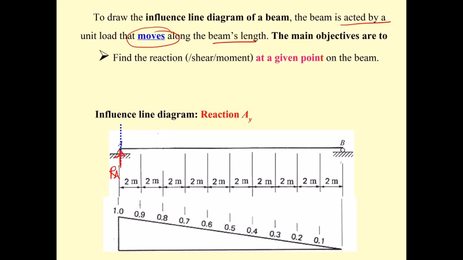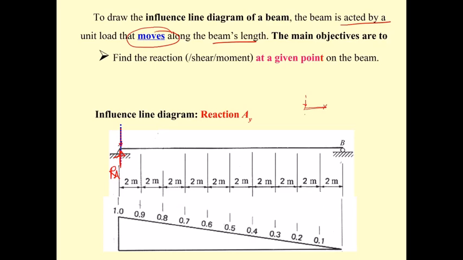If you set it to 1, you can multiply 1 with anything when you are given a force. So the influence diagram is produced by putting the force at A first, and then you determine what? The R sub A. For example, here you just put it there, and this is 1.